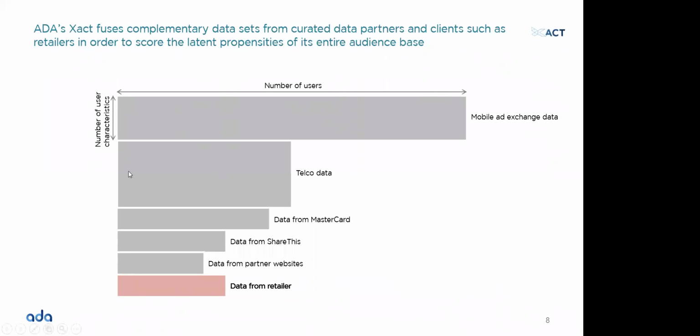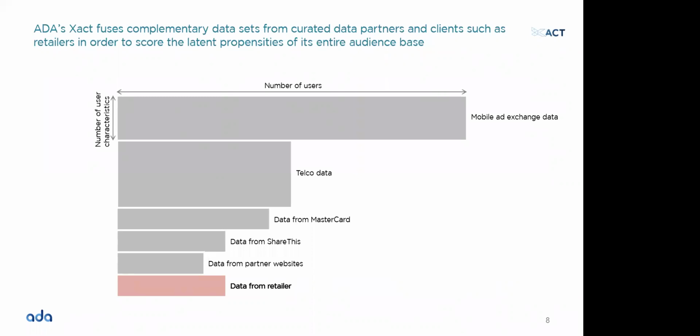Now, across these data sets, what we try to do is identify a common identifier. And having a common set of identifiers, we then do something called identity resolution, which links up all of these common identifiers into one ID that encapsulates and summarizes all of them.